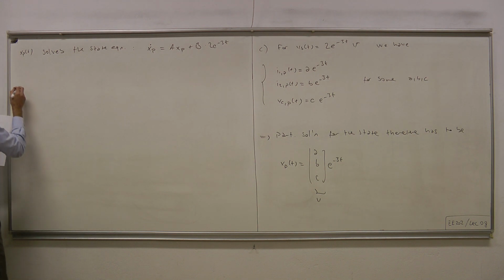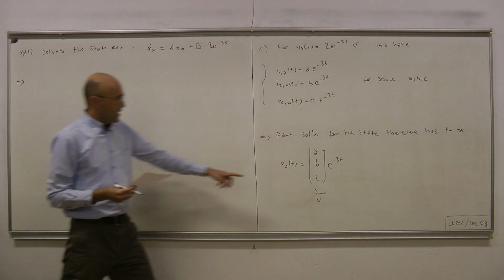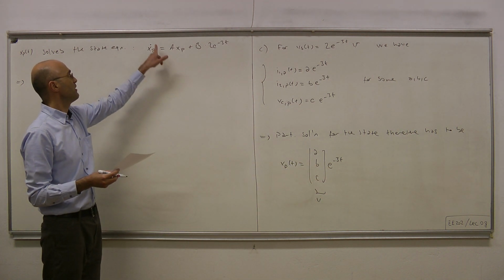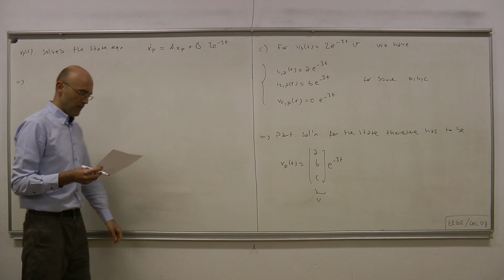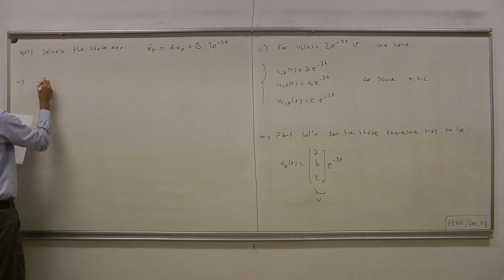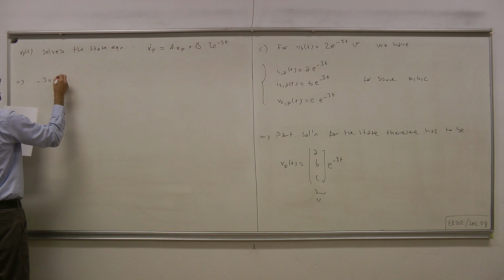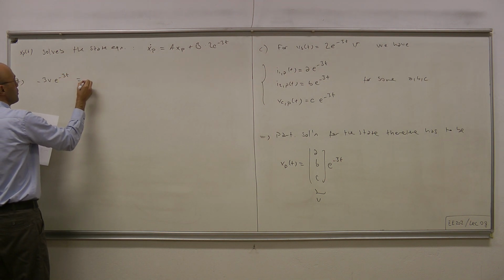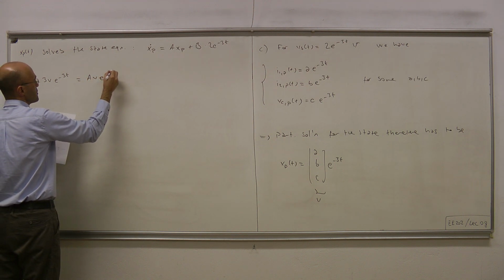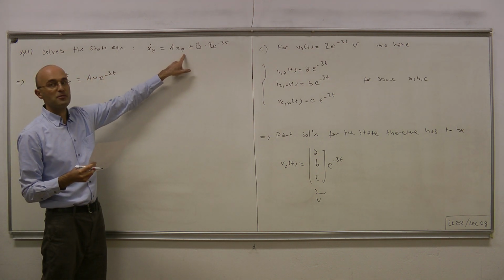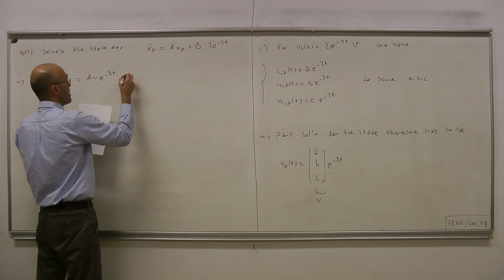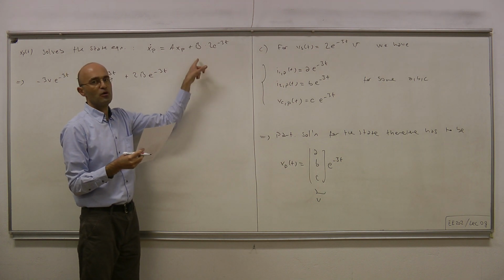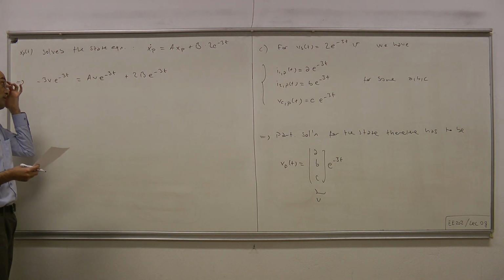So x_p is some constant vector times e to the minus 3t, therefore it's very easy to compute its derivative. It's minus 3v times e to the minus 3t. So that's x_p dot equals A v e to the minus 3t, A times x_p, and finally plus 2B e to the minus 3t, the term coming from the input.